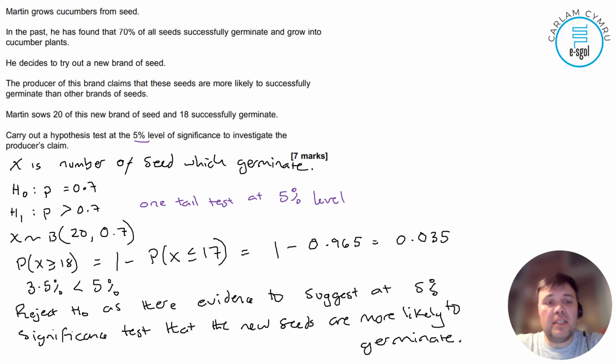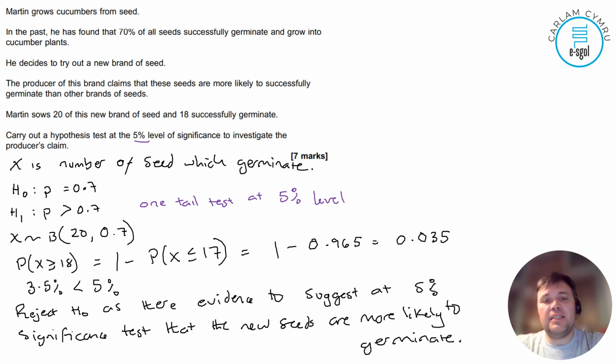So probability is greater than 0.7. We have then stated that x, the random variable, belongs to a binomial, and we put the parameters in, n and p. And then we have worked out the probability that x is greater than or equal to 18, because they've had 18 successful plants germinate out of 20.